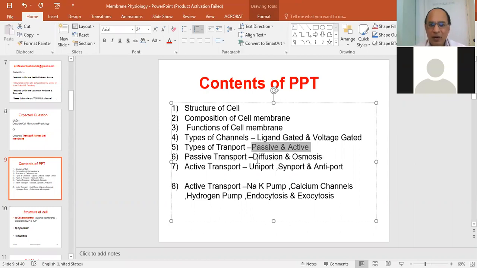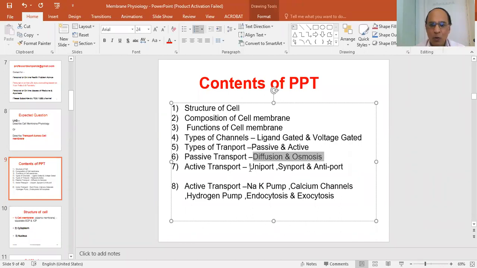Passive transport is again two types, diffusion and osmosis. And active transport is Uniport, Symport and Antiport. Then some examples of active transport are the sodium potassium pump, calcium channels in the neuromuscular junction, the hydrogen pump, endocytosis and exocytosis. This will be our topic. So these are the keywords of today's topic.